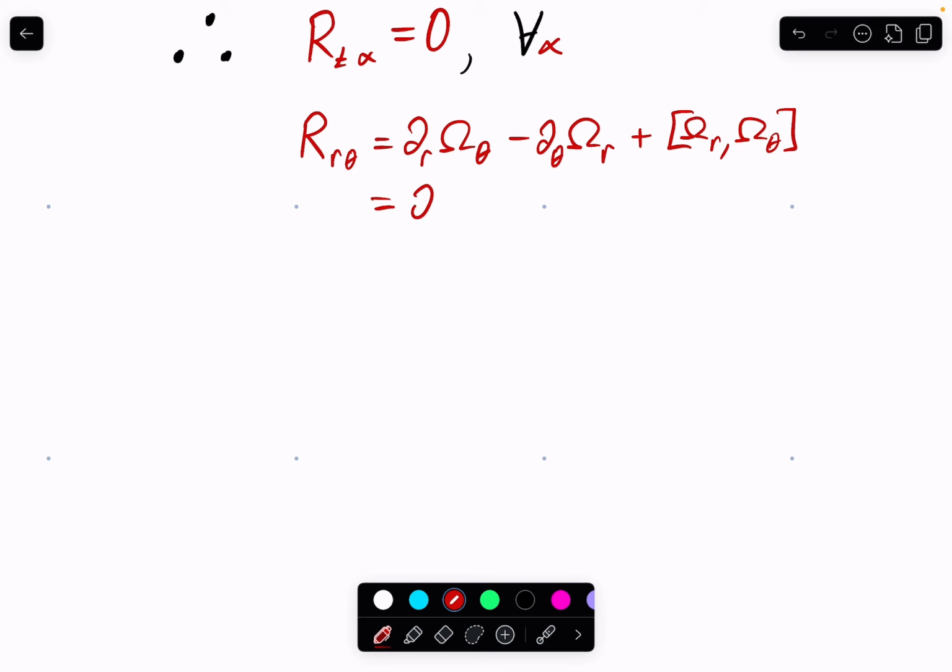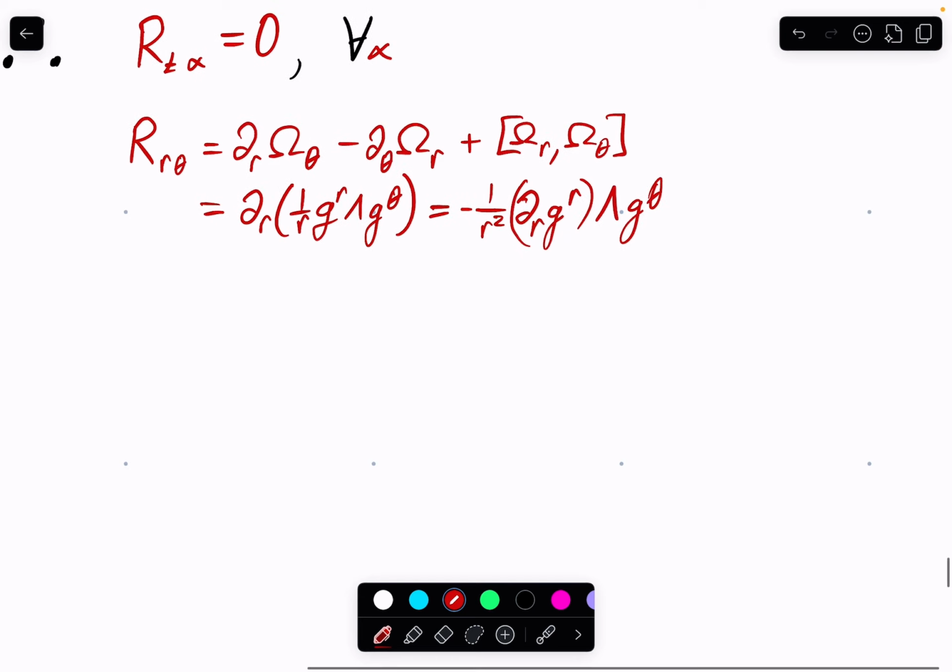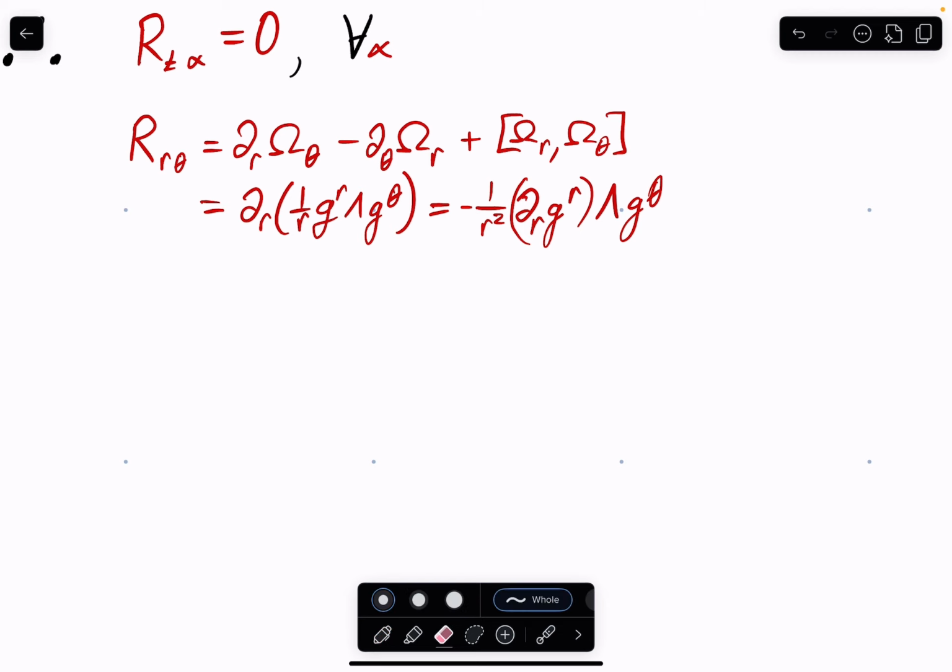So we end up with partial r of 1 over r, we call it gamma r wedge gamma theta. And this ends up being 1 over r squared minus partial r of gamma r wedge gamma theta, and actually it's going to be plus gamma r wedge partial r gamma theta.